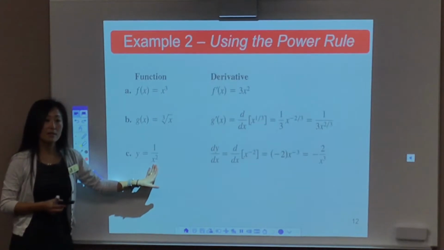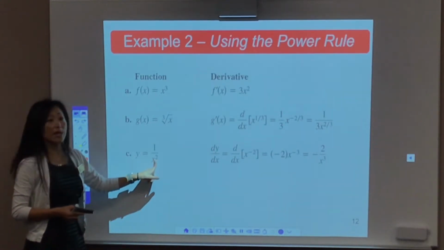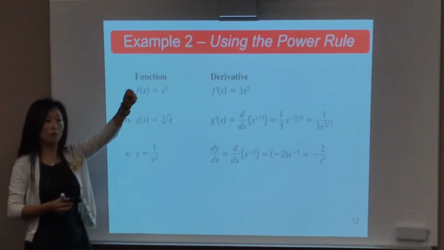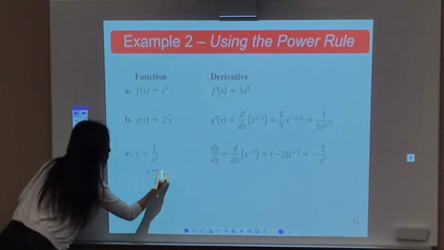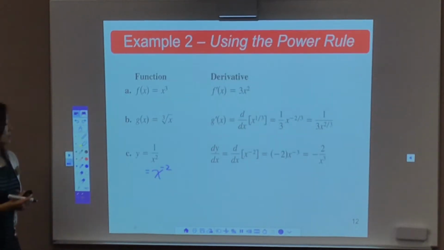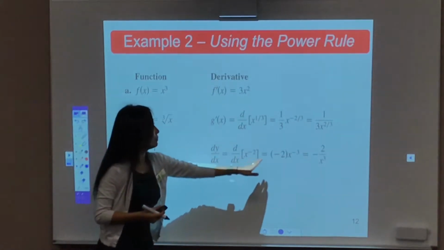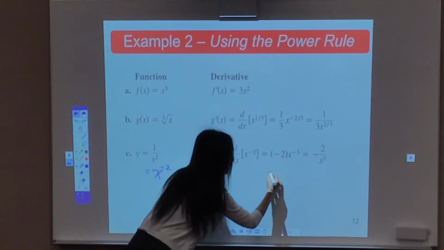Again, this, I can use it, but this is in the wrong place, right? I need to be what? Something to the power, not in the denominator. So what do I need to do very first? x to the what power? Negative 2. So now, since it's this, that means we'll bring down the negative 2. 1 less power. Is everybody with me?